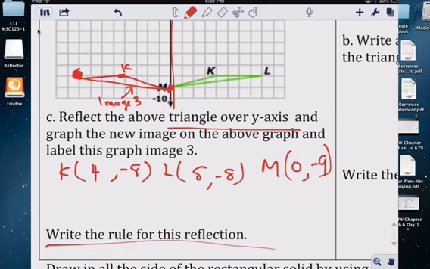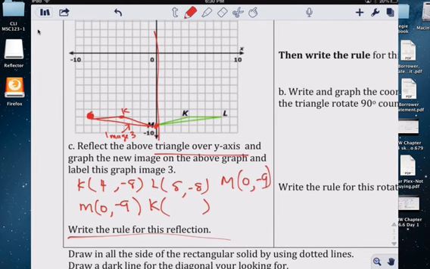Reflection is, M is, K equals 2, negative 4, negative 9. L, so what's happening to the number?